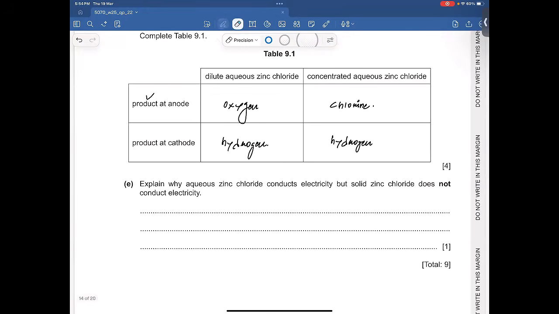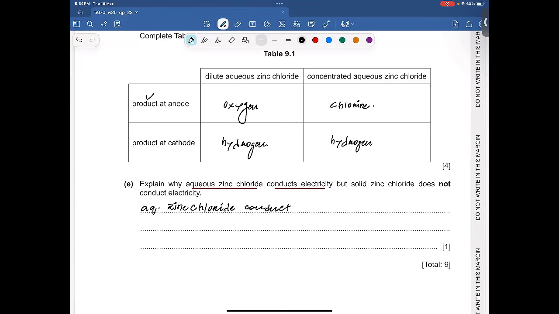Explain why aqueous zinc chloride conducts electricity. Aqueous zinc chloride conducts electricity because of the presence of free mobile ions.